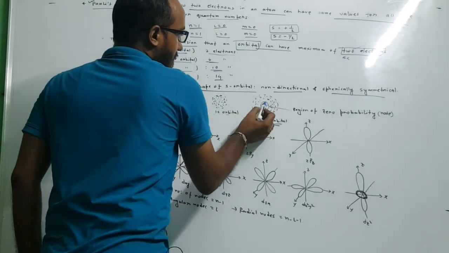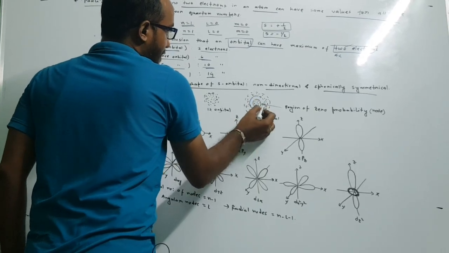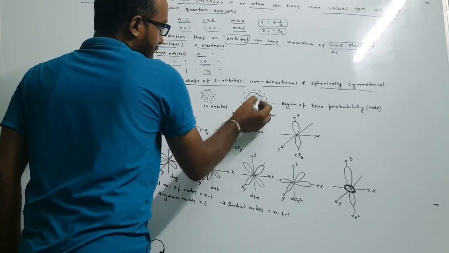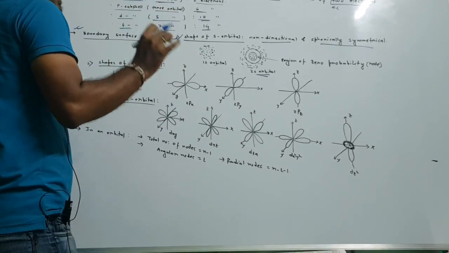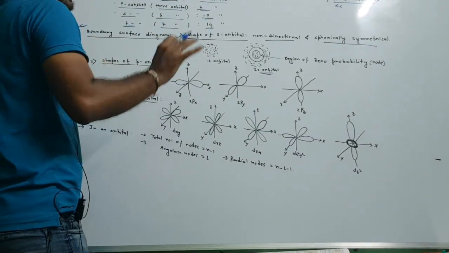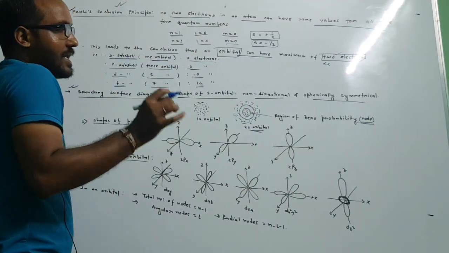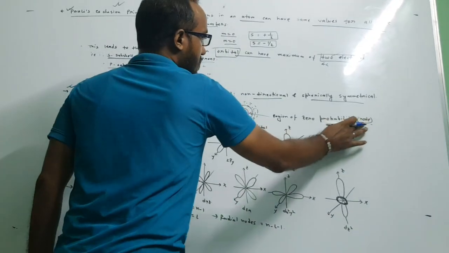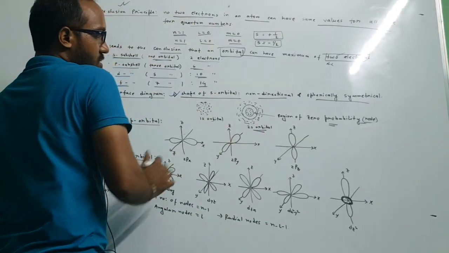So the electron density is here, and there is a gap. In this gap there is no electron. That means the probability of finding an electron in this region is 0. This region where the probability of finding an electron is 0 is known as a node.